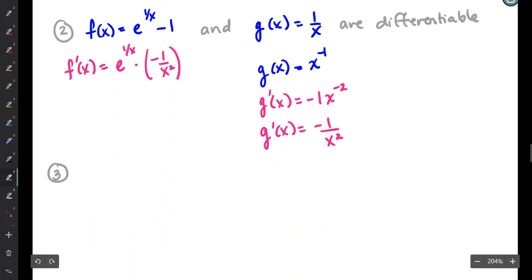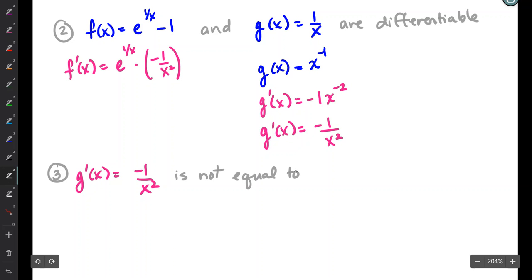So 3, g prime, which is minus 1 over x squared, is not equal to 0 for x values near positive infinity, approaching positive infinity.